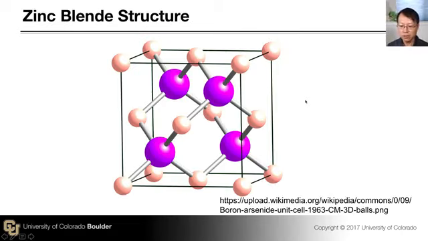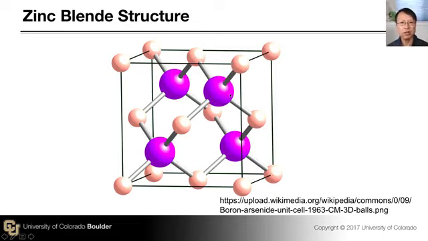So in this figure here, you can see that these atomic placements are identical to the diamond crystal structure as shown in the previous slide, except that in this case, you now have a two-atom basis made of two different atoms. So they are shown as two different colors and two different sizes in this schematic. This smaller atom is a gallium atom, for example, and this larger sphere is an arsenic atom.